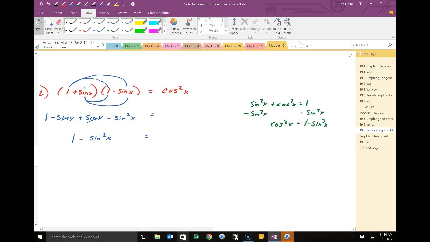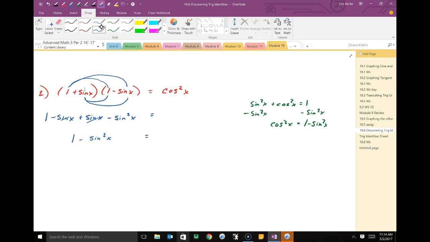Why is that interesting? Exactly the same. What is 1 minus sine squared equivalent to? No, it's an identity, so you're not working with a triangle.